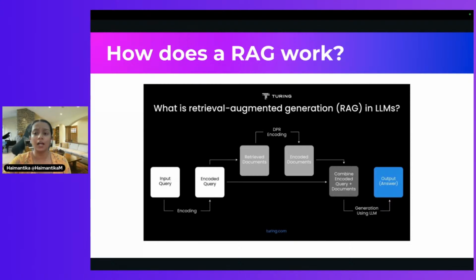And now you must have seen this word, DPR encoding, as well. It stands for dense passage retrieval, a technique that RAG, or retrieval augmented generation, uses for information retrieval in large language models. It is a very crucial component of the RAG framework, because it serves as the first step in the two-step process that RAG employs, which is retrieving and then generating.